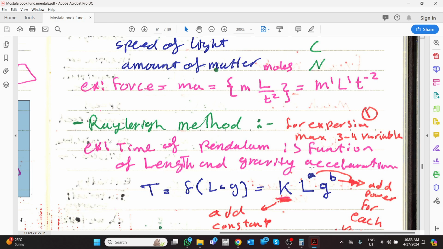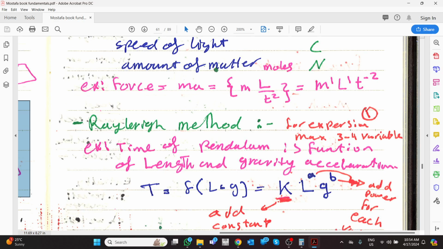So, an example. If I told you there is a pendulum, the motion of the pendulum is a function of the length of the pendulum and g, the gravitational acceleration. I know this.